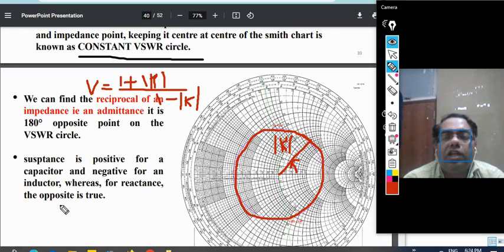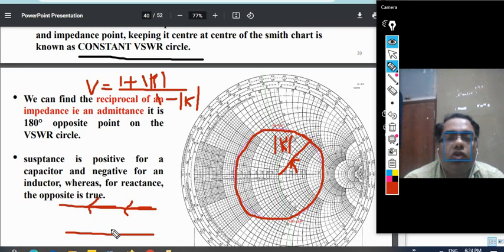On a transmission line, VSWR does not change. We are considering a lossless line. So traveling along the transmission line is equal to traveling along a constant VSWR circle. Going clockwise is going towards the generator.